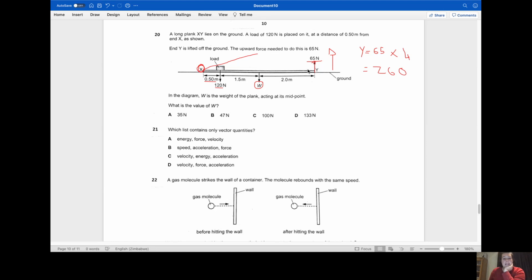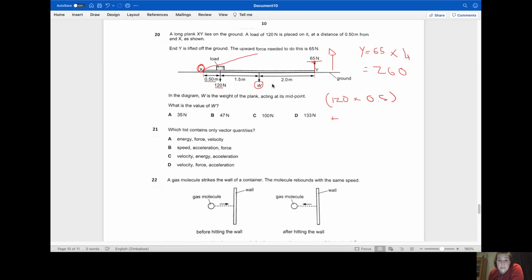That moment is going to equal this moment coming down. And the moments coming down, we actually have two of them. We've got the weight of the load here, and that's 120, and it's 0.5 meters from your pivot. So it's times by 0.5.